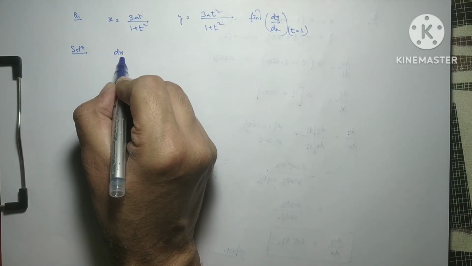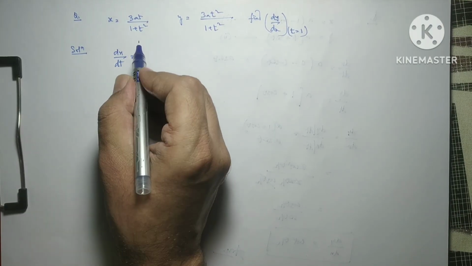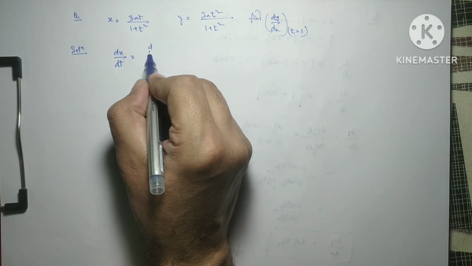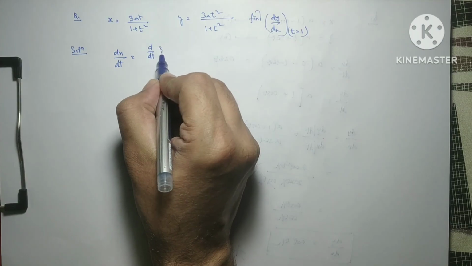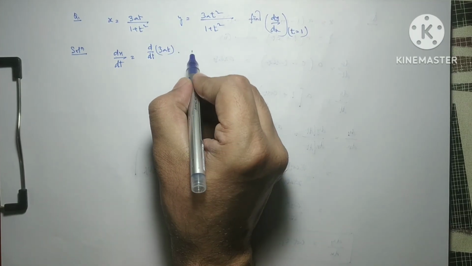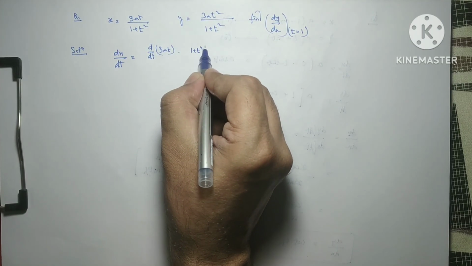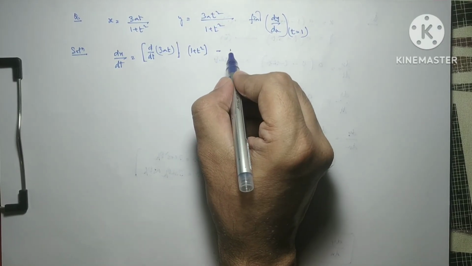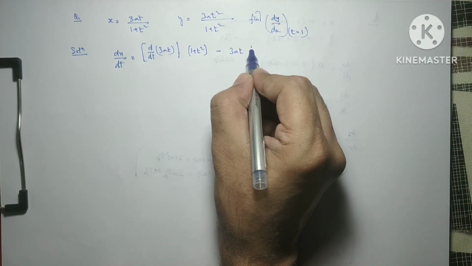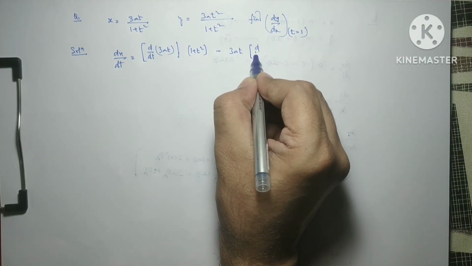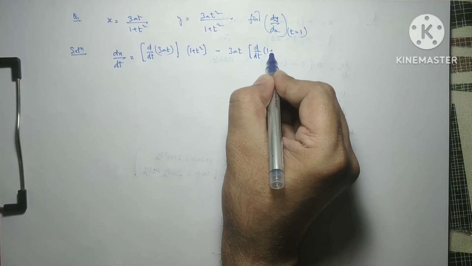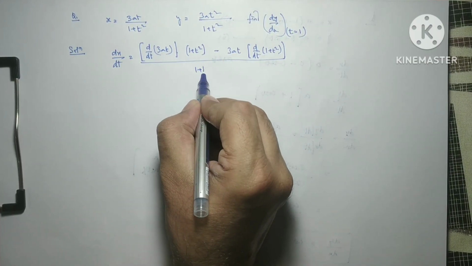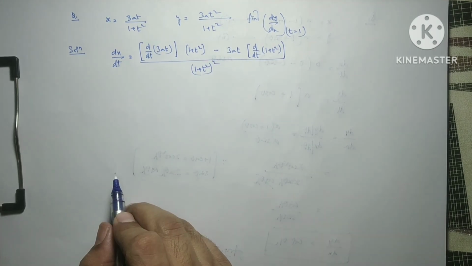So dx by dt, it means the division formula. First you differentiate the numerator, d over dt of 3a, and 1 plus t square as it is, minus 3a as it is, and differentiate d over dt of 1 plus t square, divided by 1 plus t square whole square.